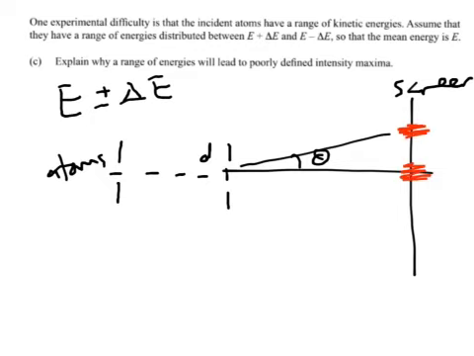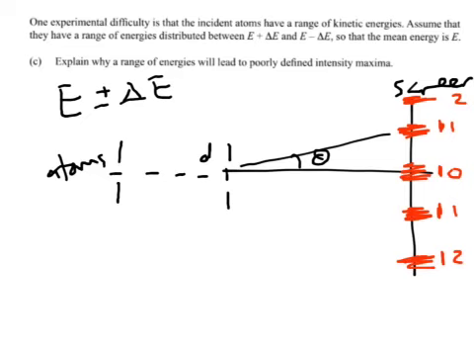We've got one at the centre at n equals 0, one at n equals 1, one down here at n equals 1 as well, and then 2 and so forth. We have to explain why a range of energies will lead to these maxima being poorly defined.